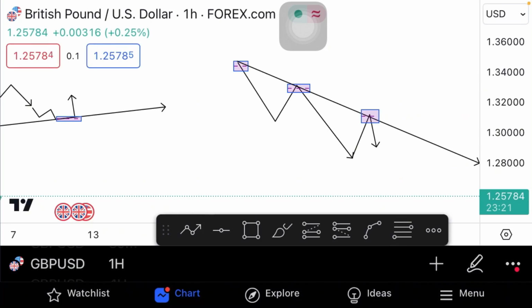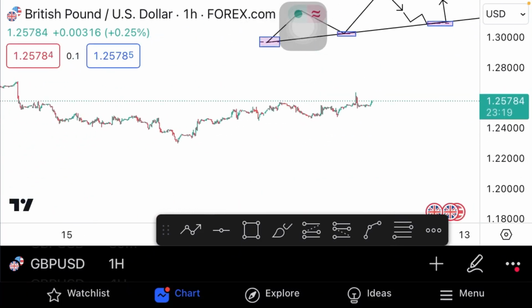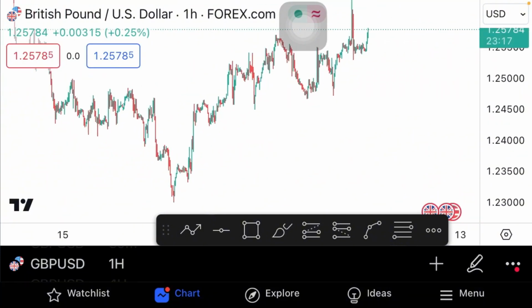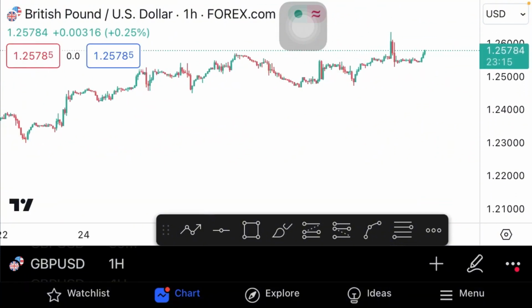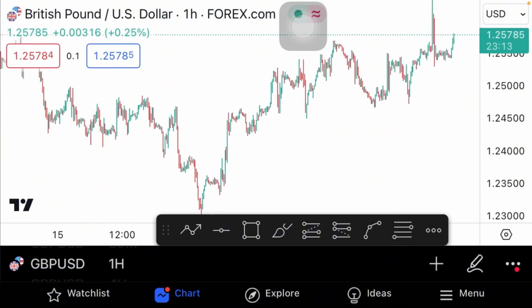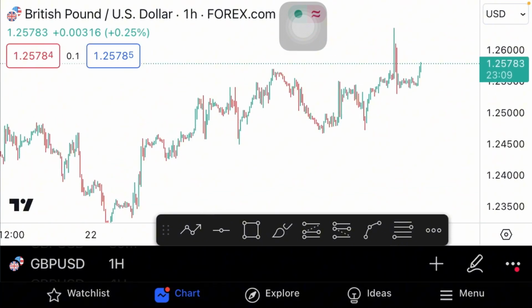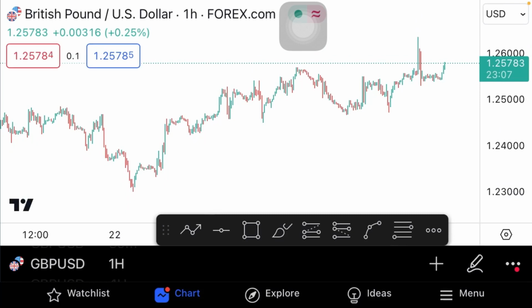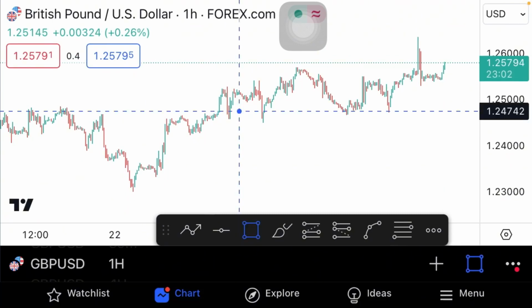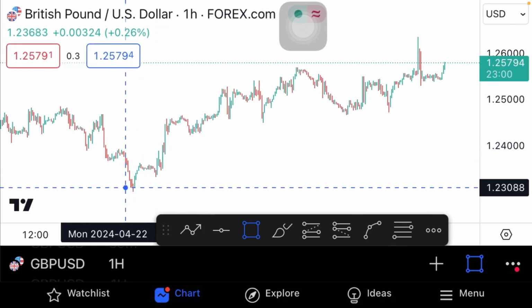We are now going to go to a chart where I show you how to draw a good trend line using the 1 hour time frame as a day trader or an intraday trader. This is a live chart of GBP USD. At this point, we are going to mark out our significant highs and lows.